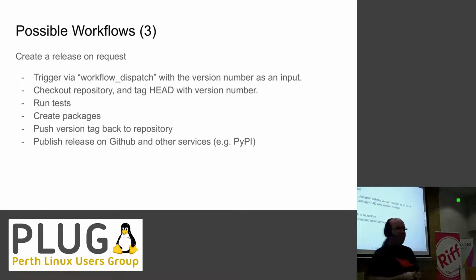So another one, I did briefly mention that you can have a workflow which is manually triggered. So in this case, there'd be a button on your project page where you can say, I want to trigger the workflow, and you can provide a couple of inputs. So let's say that you'd encoded the process you used to release your project.